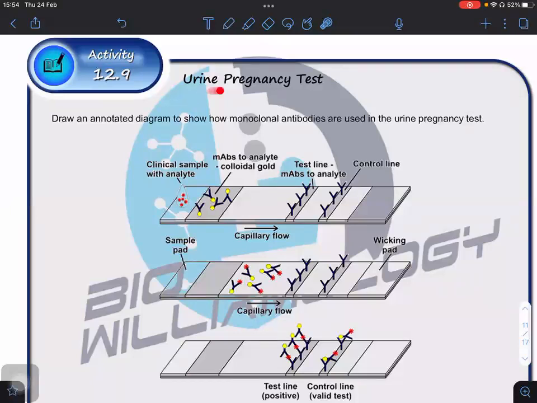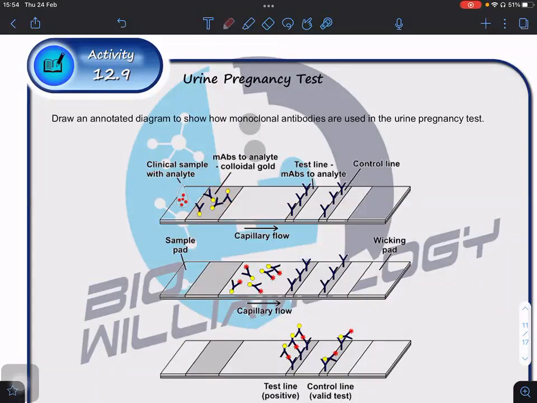Okay, so for the urine pregnancy test, you just need to have the clinical sample with analytes. In this case, the clinical sample will be the urine. You straight away, you don't need to mix the urine with the antibody because the antibody is already here, the mobile one, right? The mobile antibody is here.